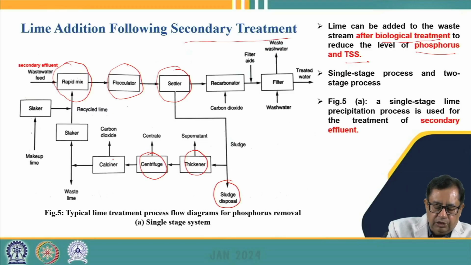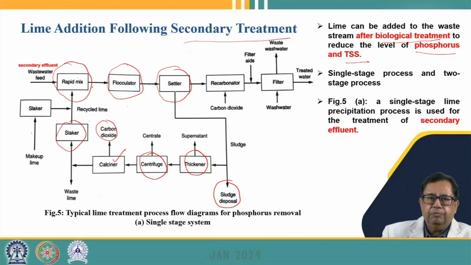Then we take it to a calciner where we provide very high temperatures where the carbon dioxide is evolved, so that we can again get back the lime, and then the lime may be slaked and recycled again for the treatment process.